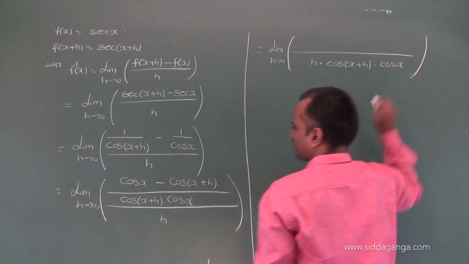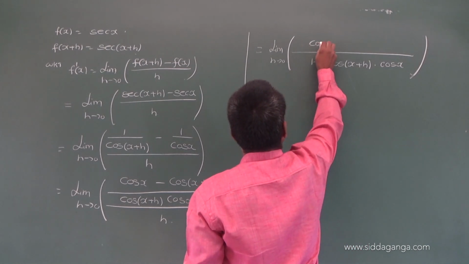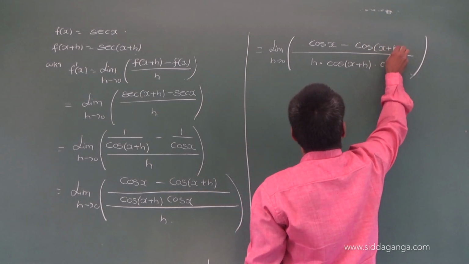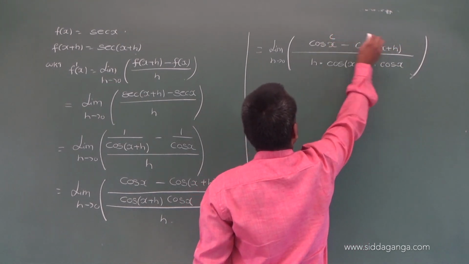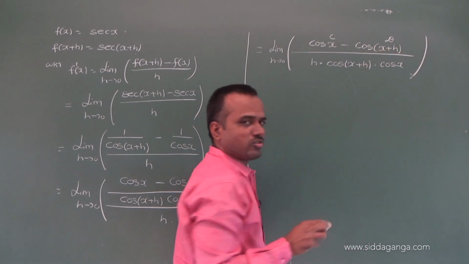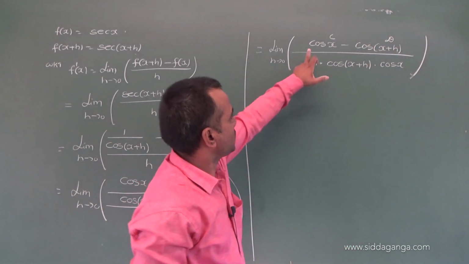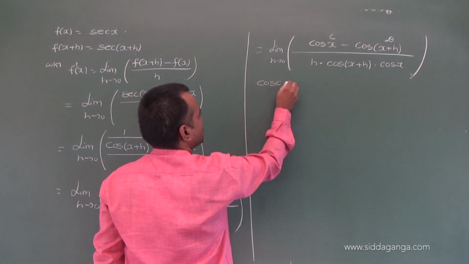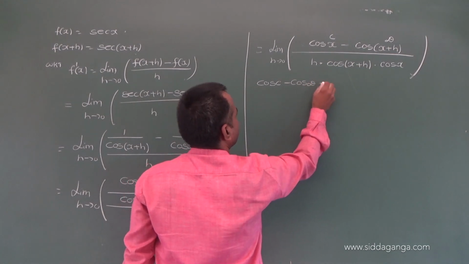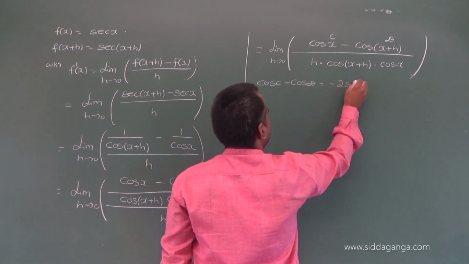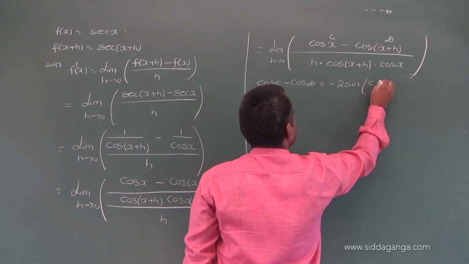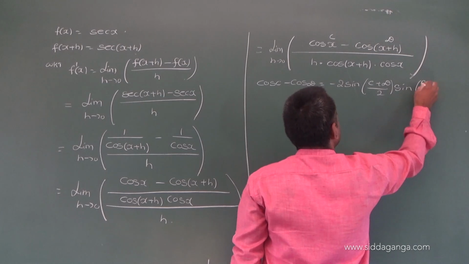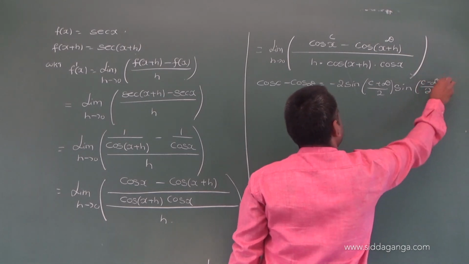No problem. In the numerator, cos x minus cos of x plus h. This is C and this is D. What formula do we follow? Cos C minus cos D. We know that cos C minus cos D is minus 2 sin of C plus D by 2 into sin of C minus D by 2, correct?